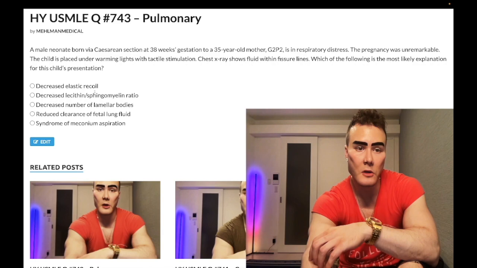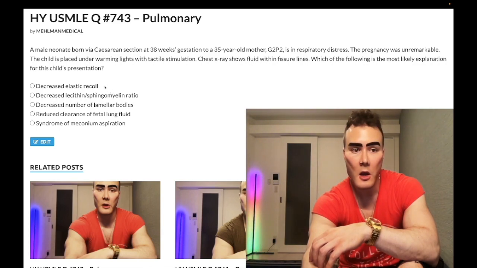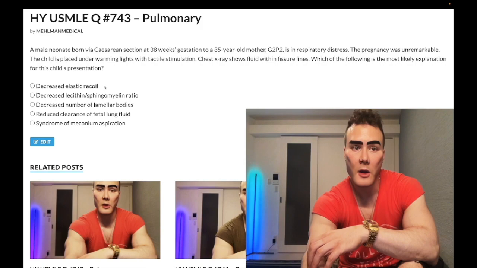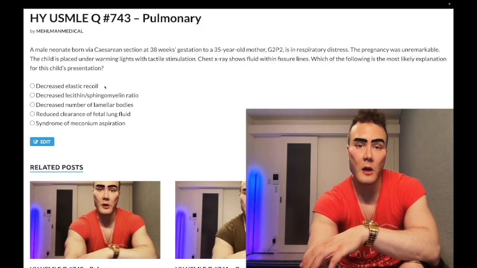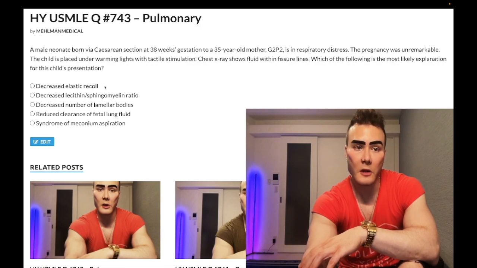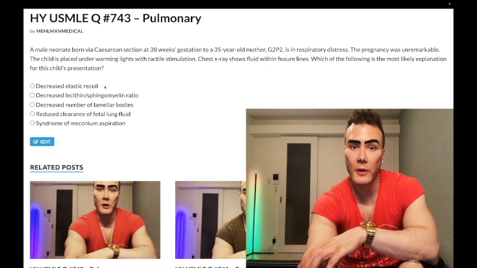Choice A, decreased elastic recoil. Wrong answer. In NRDS, neonatal respiratory distress syndrome, aka hyaline membrane disease, we are going to have increased elastic recoil, because this is not hyaline membrane disease, by the way. In the case of NRDS, we would have decreased surfactant, which is hydrophobic, which means in turn we have greater hydrophilic attraction between the alveolar surface components.